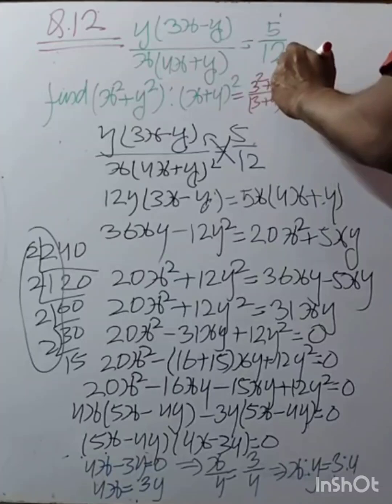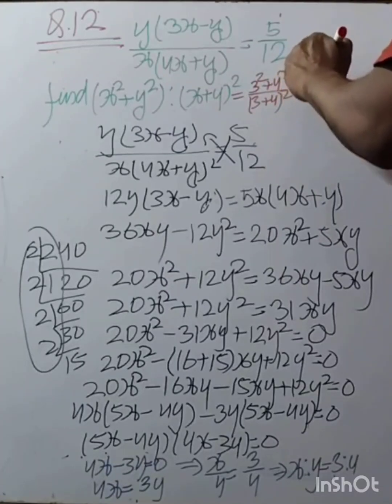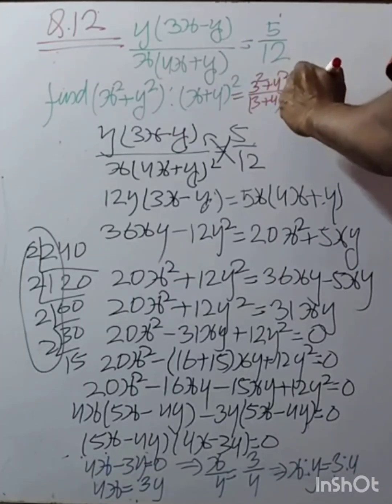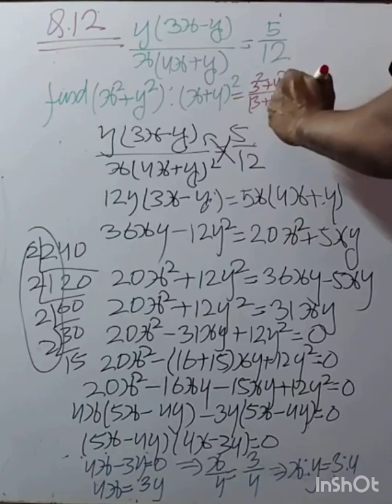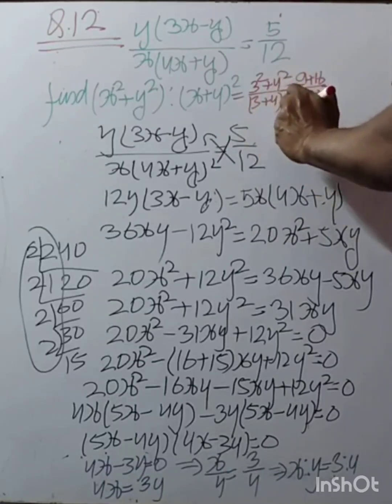So how much? 9 plus 16 upon 7 whole square. So how much you get? 25 upon 49.